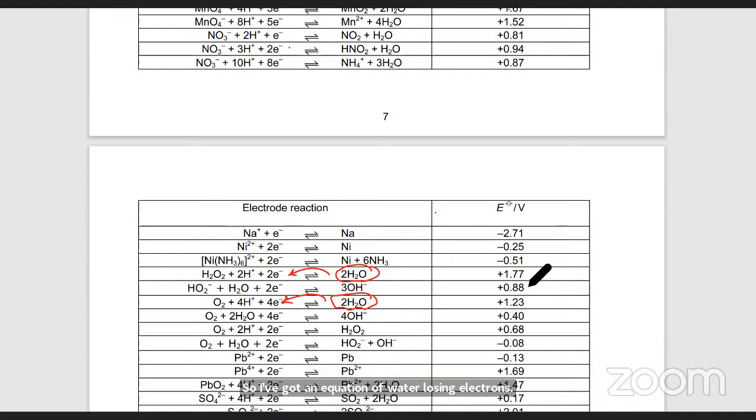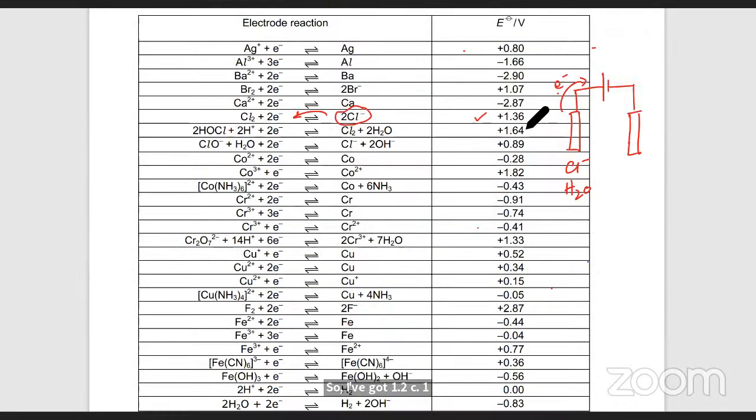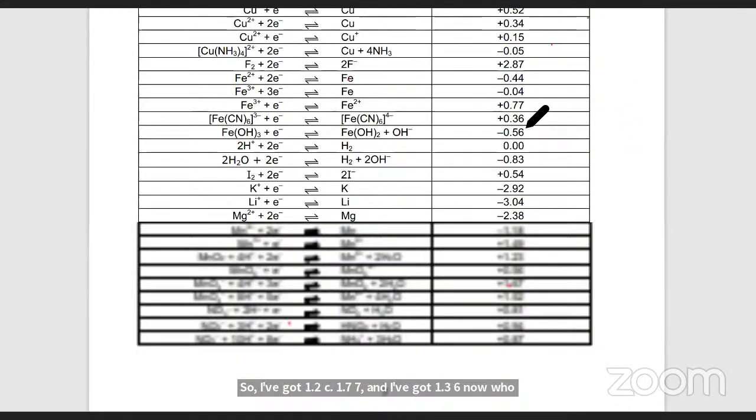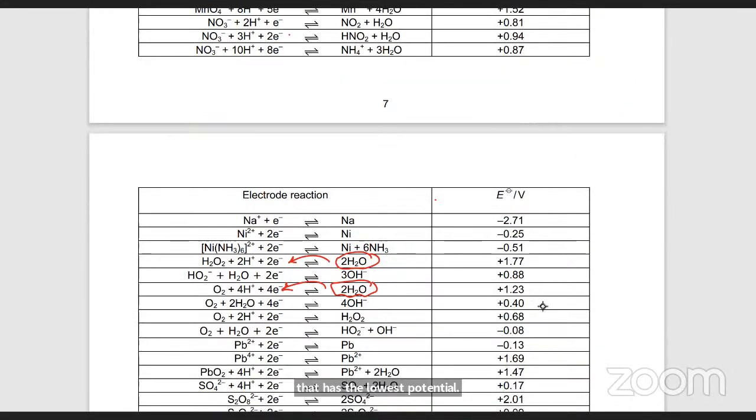So I've got 1.23, 1.77, and I've got 1.36. Now, who loses electrons? Who likes to lose electrons? The one that has the lowest potential. The one with the lowest potential, it's the water equation, the one that's forming oxygen.